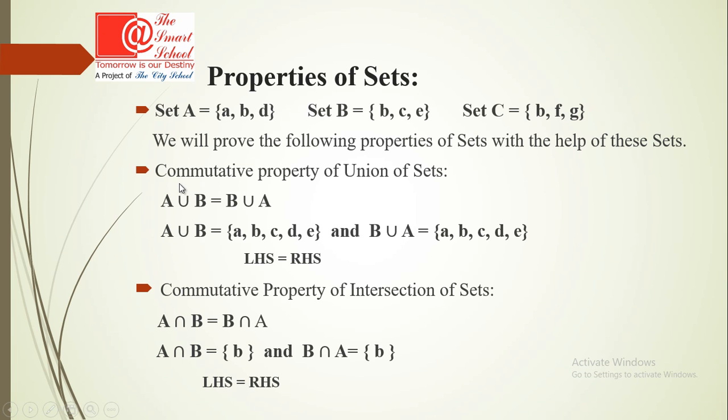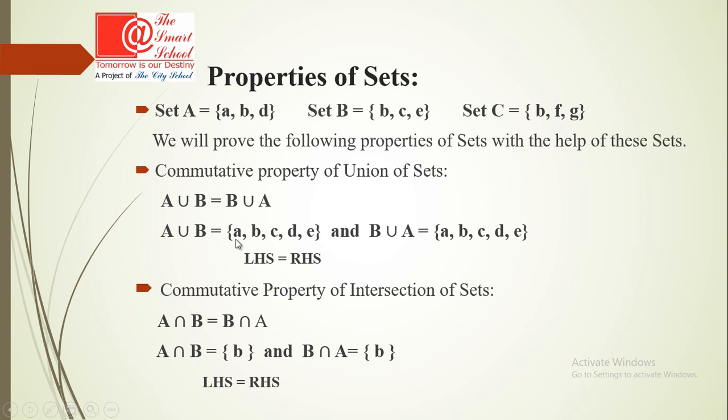Here in sets also, we can find the same property, commutative property of union of sets. If we find A union B, or we find B union A, these are the same things. If we take these two sets, set A is ABD and set B is BCE.